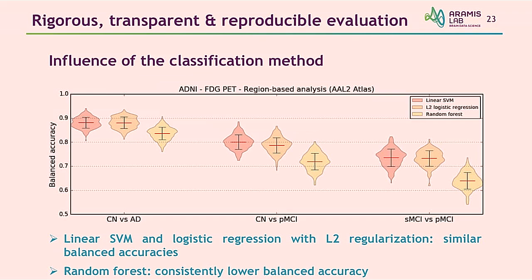These characteristics of the data could also explain why techniques that try to find a smooth combination of features, such as the one using the L2 regularization, are more suited for single modality classification problems. On the other hand, the random forest or other ensemble methods could be useful when combining features from different modalities, such as images, clinical data, and cognitive scores.